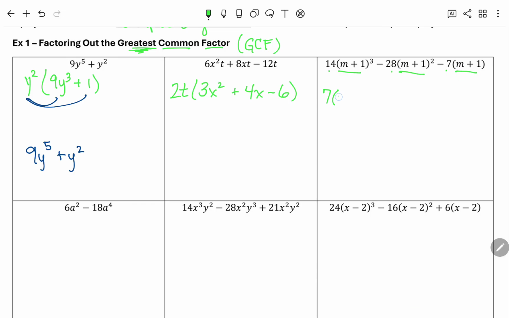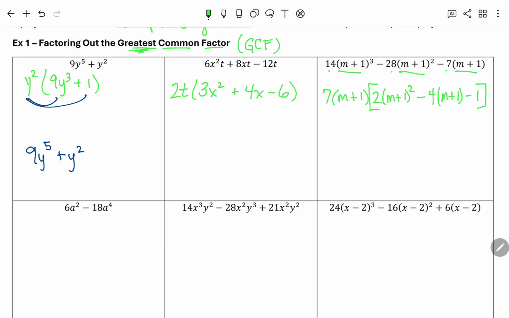So I can pull 1 of those quantities out and I'm left with a 2, and then I still have 2 quantities of m plus 1. Then at 28, I pulled out a 7, so I'm left with 4 times m plus 1. And finally, a negative 1.